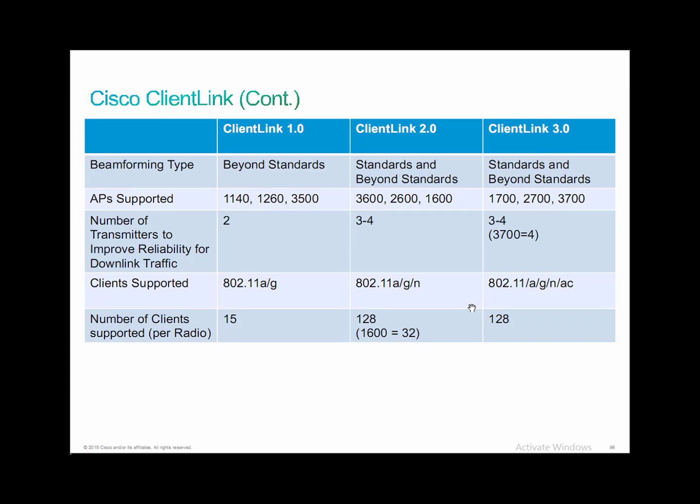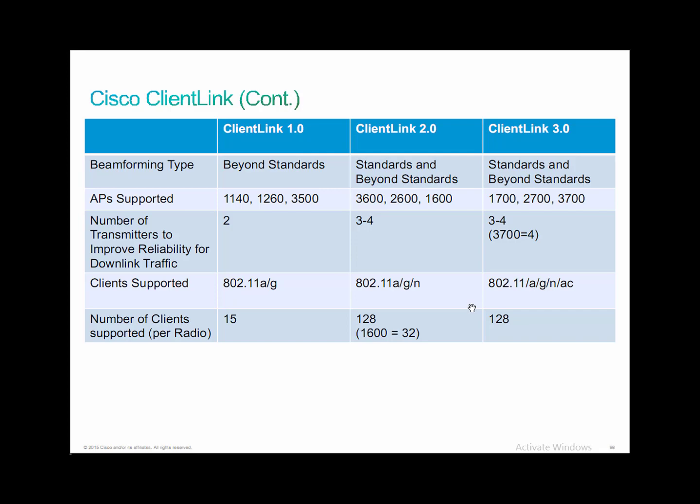The tables that you see here basically show the evolution of the ClientLink technology from 1.0 to 3.0. 3.0 is available on the 3700 series access points. It uses 4 distinct transmit antennas to enhance the performance of that mixed mode environment. It increases the downlink signal-to-noise ratio and the data rate over distance, reduces coverage holes, and enhances the overall system performance.